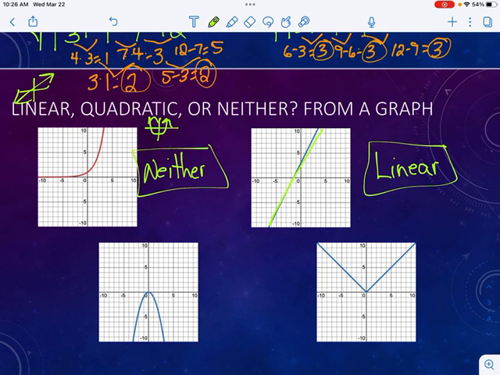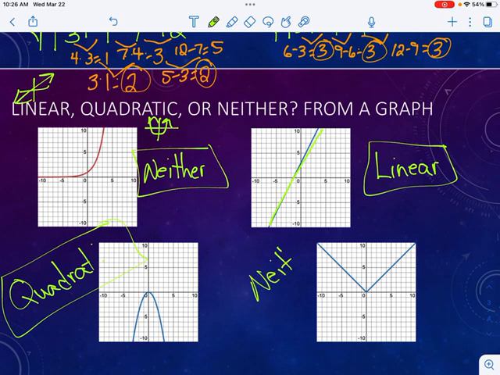That is a parabola, but it's upside down, so that would make that a quadratic. And this last one, if you notice, kind of looks like the U, but it has a point. It's a V shape, so that would be neither. But we did study that graph already. Hopefully you realize that is an absolute value graph. Okay, so that's how we can determine that just from looking at the graph itself.